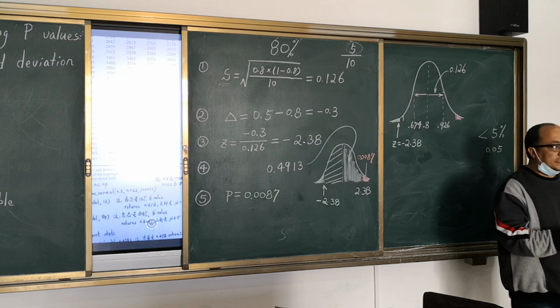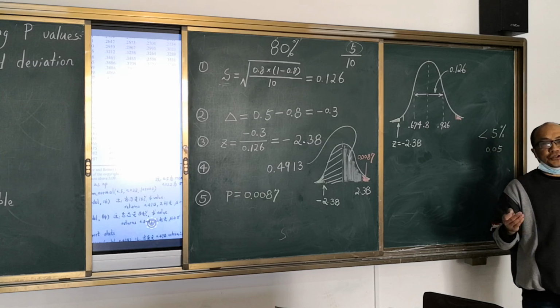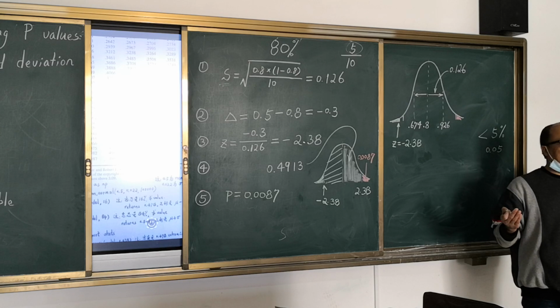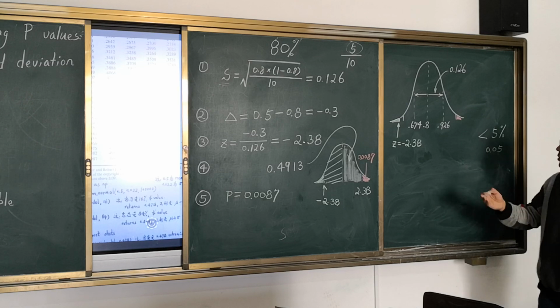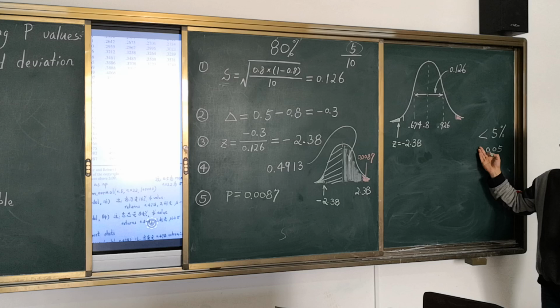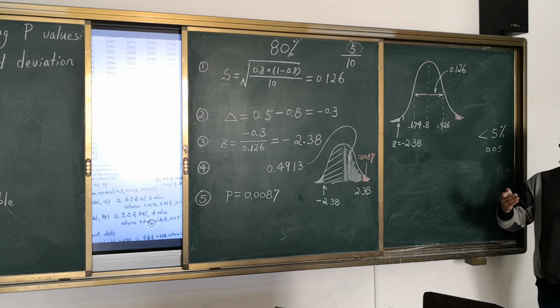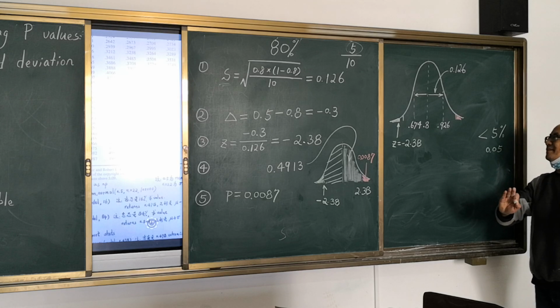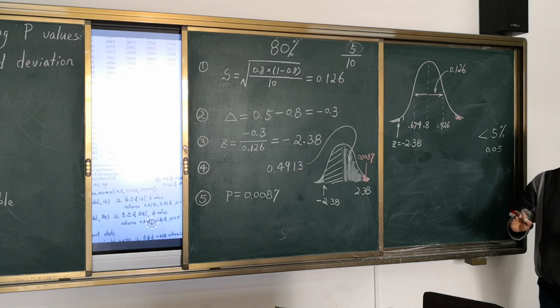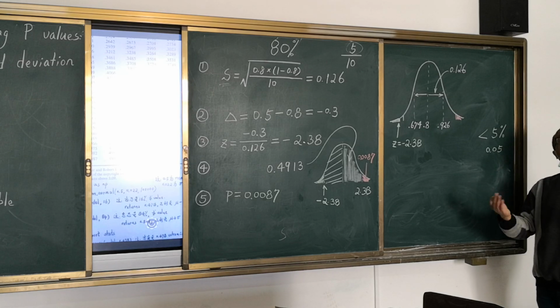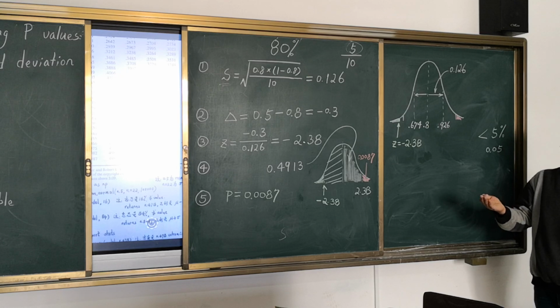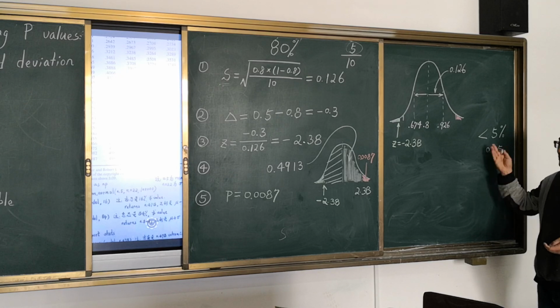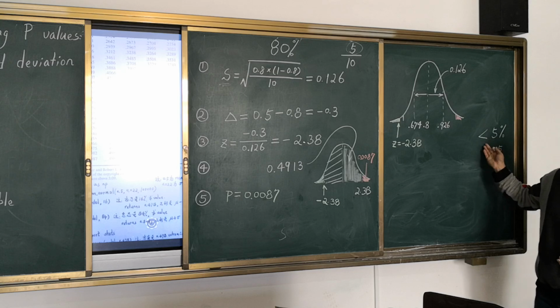Just like this morning, you came to me and said, teacher, I won a lottery, I became a millionaire. Because the probability is very small, I don't believe you.